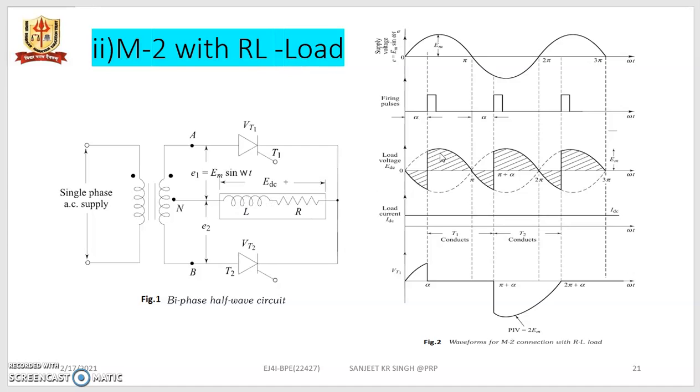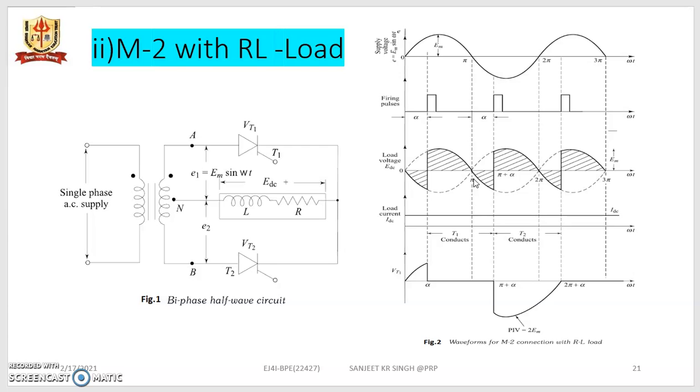So in this case, thyristor 1 is forward biased for the positive half cycle of the input, and until the gating pulse is applied at T1, voltage gets developed across T1, and at firing instant alpha T1 is turned on. It will start conduction and rectified output voltage is obtained, and current is running through the RL load from right hand side to left hand side.